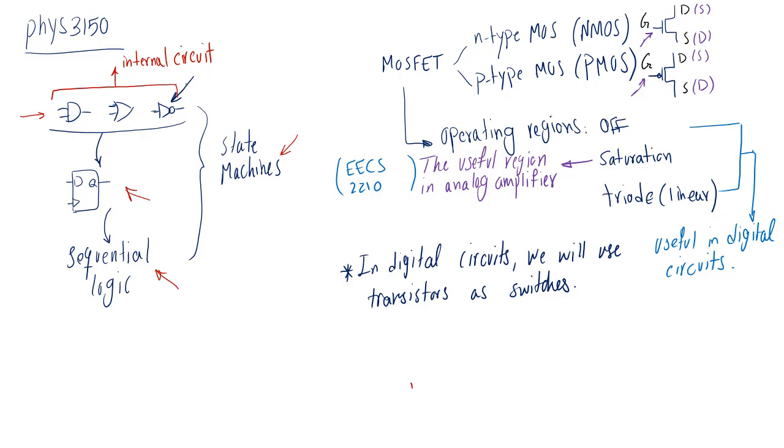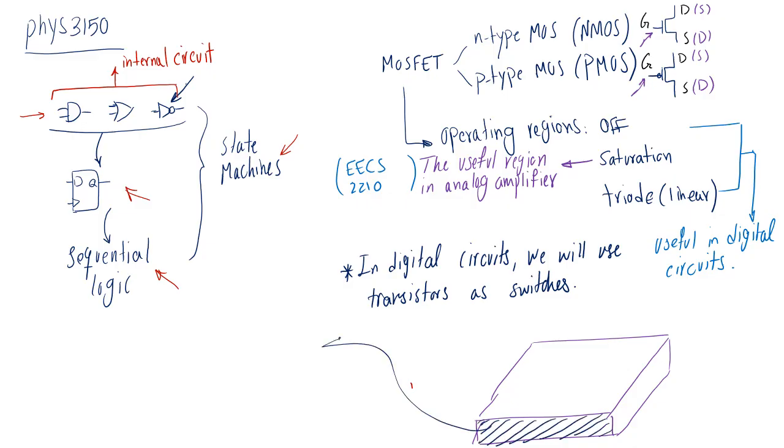So basically, imagine you have a piece of semiconductor like silicon, and if I look at the cross section of the silicon, looking into this surface and magnify it here, basically the way that we make transistors is that we put a piece of insulator.